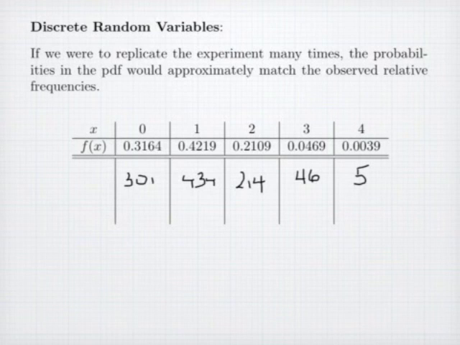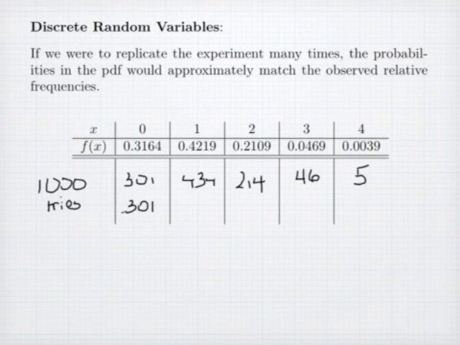Alright, so if I were to calculate the relative frequency out of 1,000 tries, I would simply divide the 301 by 1,000, and I would see an observed value of 0.301.